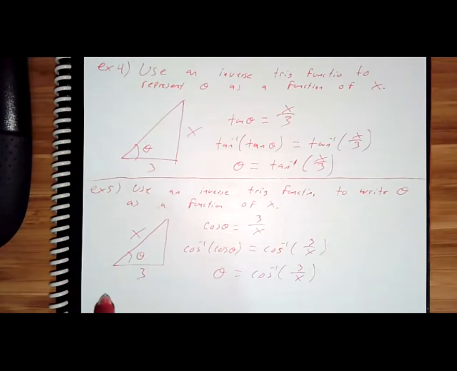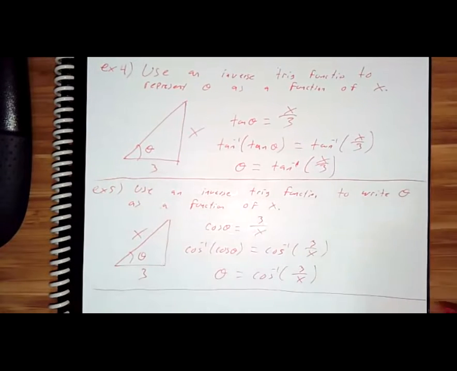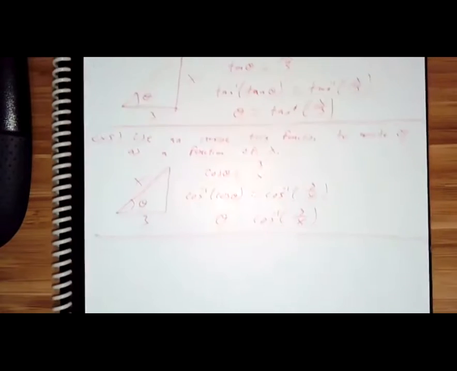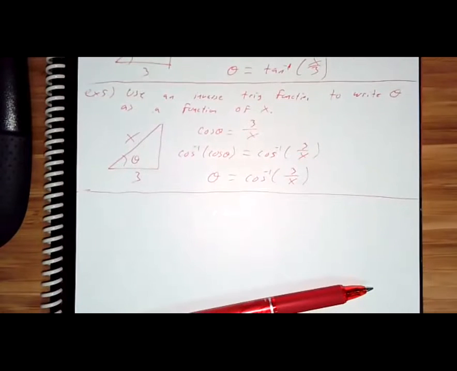You guys cool on 4 and 5? The actual answer is just cosine inverse of 3 over x. Right, that's what they want.